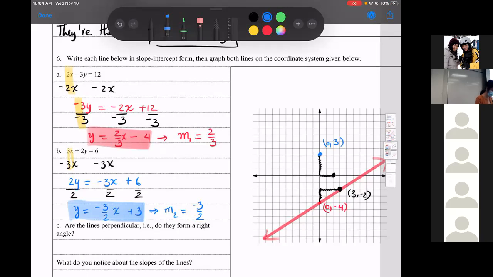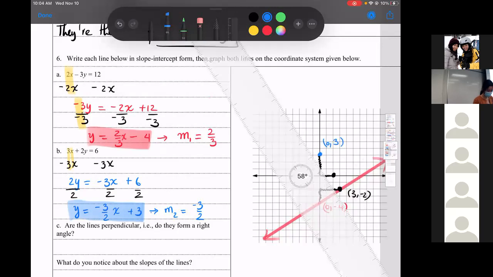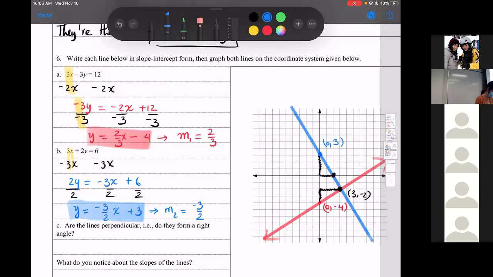Then connect the dots. And again, I'm going to label that point (2, 0) here.